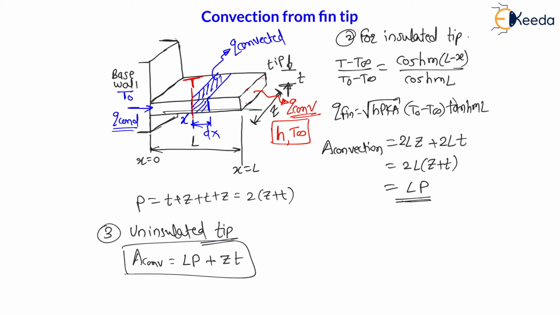Means the convection area is increasing. Therefore, my dear students, M is nothing but under root HP divided by KA, and all the calculations we have seen. Now, as this convection area is increasing, I am assuming the tip as insulated, and this increase in area, that is Z into T, I am compensating by increasing the length.